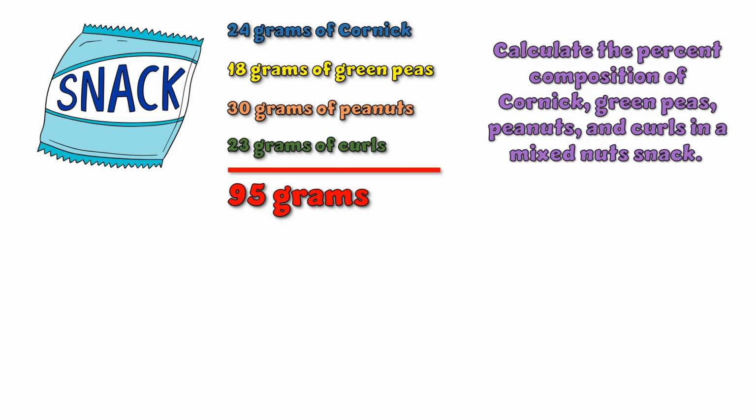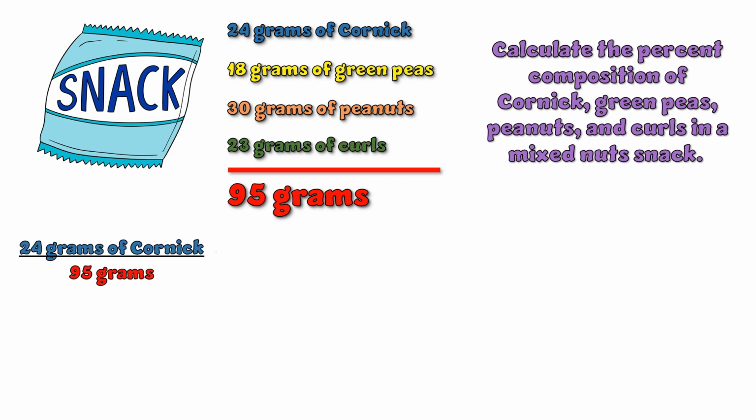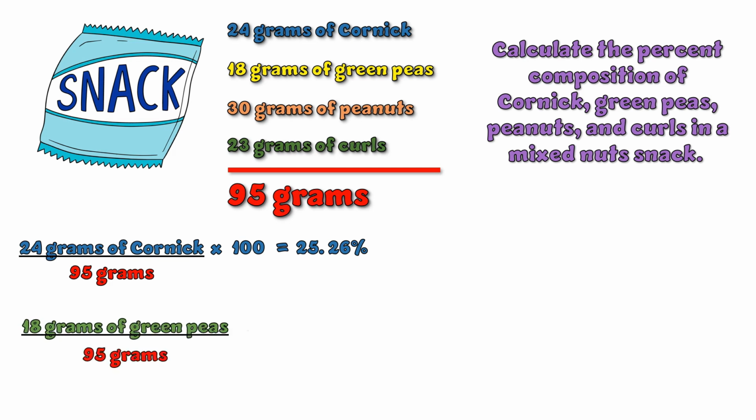To compute the percent composition, you need to divide the mass of corn, green peas, peanuts, and kernels by their total mass. Now, we have 24 grams of corn divided by 95 grams times 100 is equal to 25.26%. Next, we have 18 grams of green peas divided by 95 grams times 100 is equal to 18.95%.